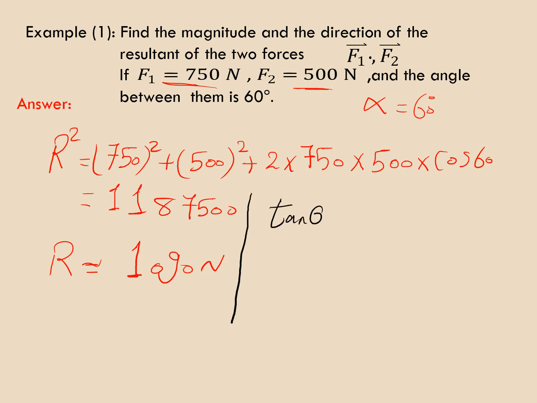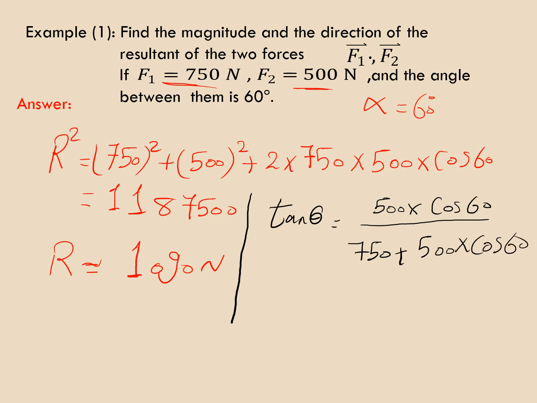Tan theta equals F2 500 multiply sine 60 over F1 750 plus F2 500 multiply cosine 60. The numerator is sine 60, not cosine.